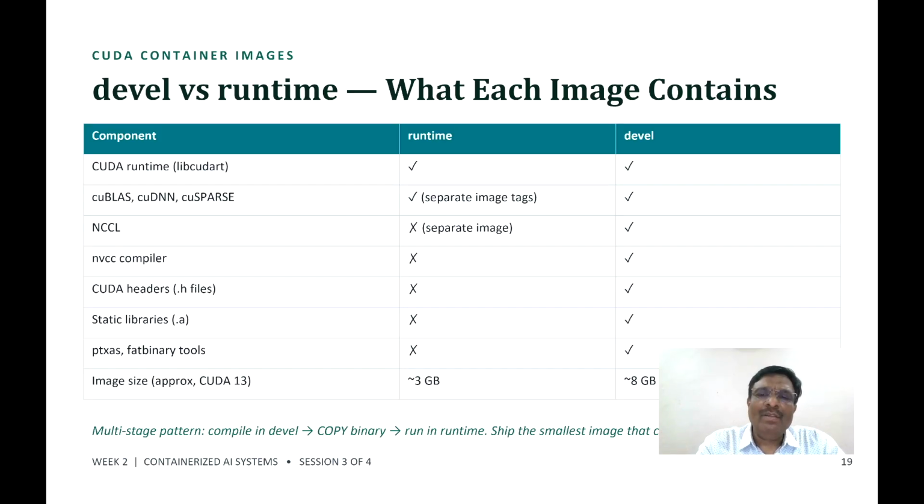So the basic idea here is we compile the whole thing in the development container, copy that binary, and run it in the runtime container. That's a multi-stage pattern, which is generally how it is done.